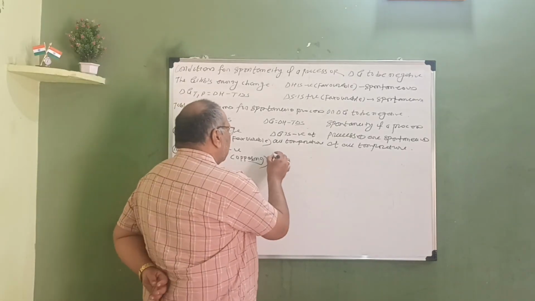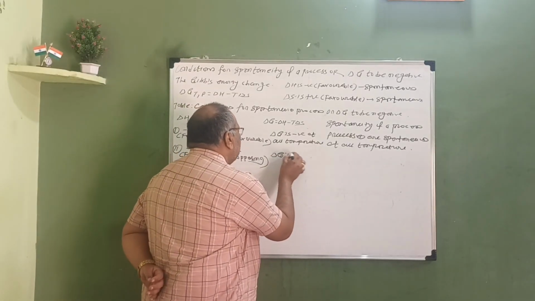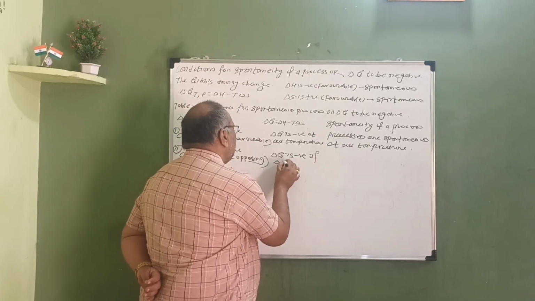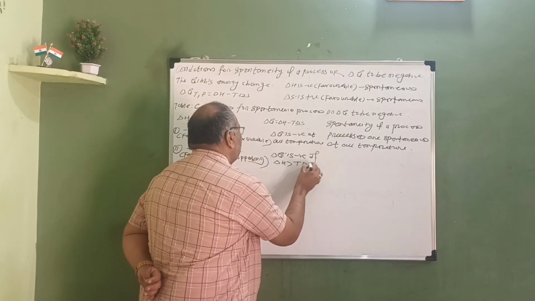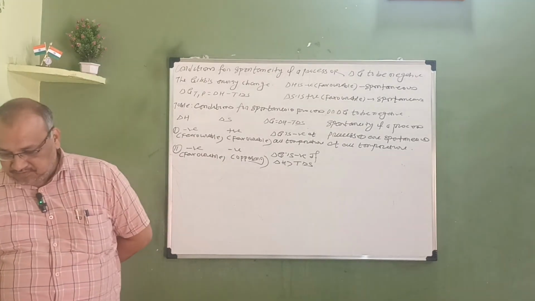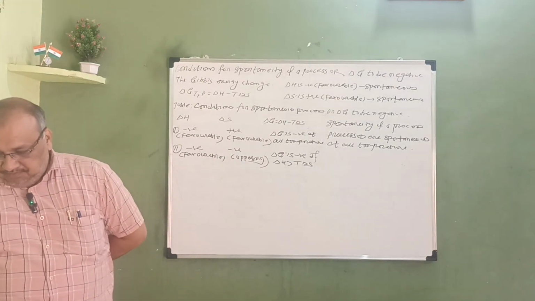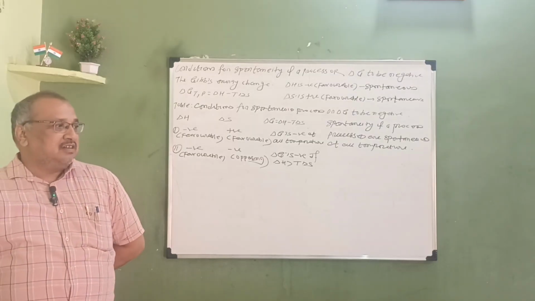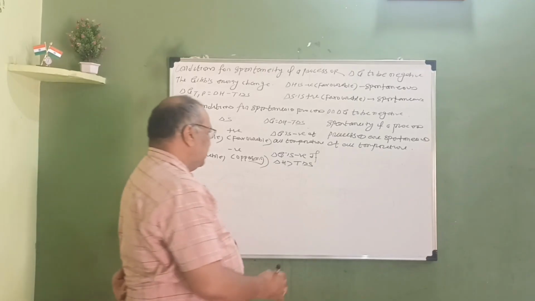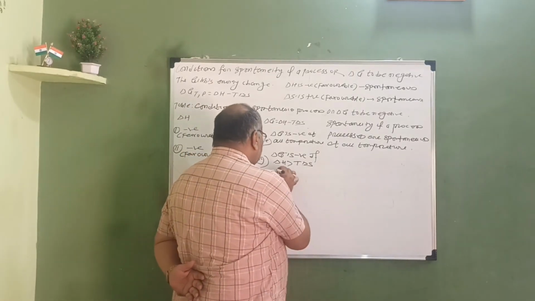That means here delta G is negative if delta H is greater than T delta S. Now here T delta S, that is temperature, is present on the less than side.